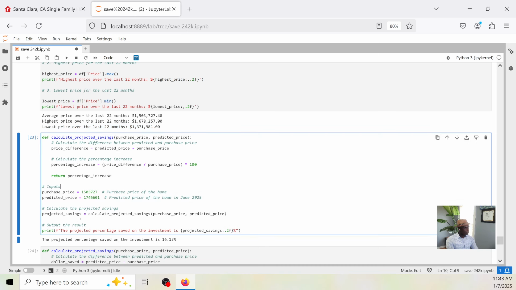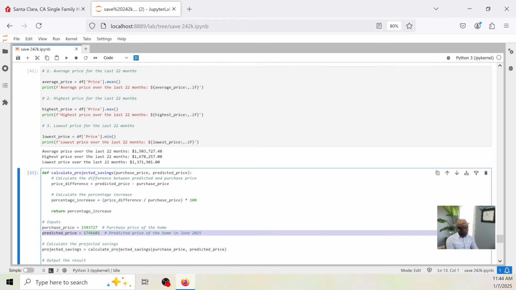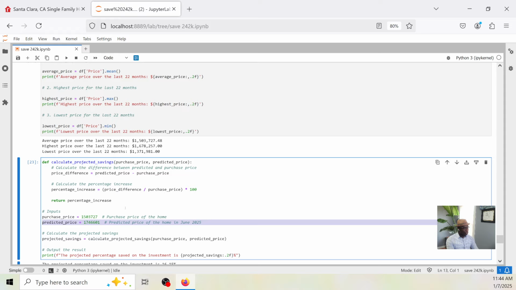Given what we're able to see using the historical prices the last 22 months, 2.5+ years, I created a solution for predicting the projected percentage saved if you were to make a purchasing investment today. So if we take a look, for instance, the purchase price of the average last 22 months versus the predicted price, which we have, for instance, of March and June.